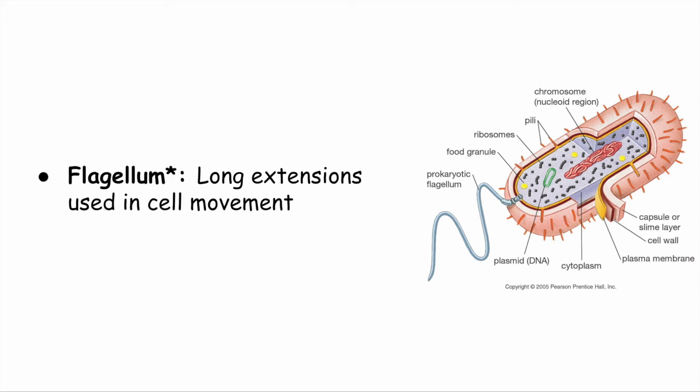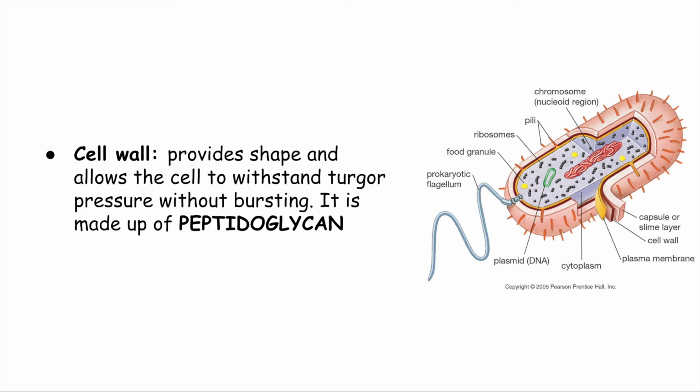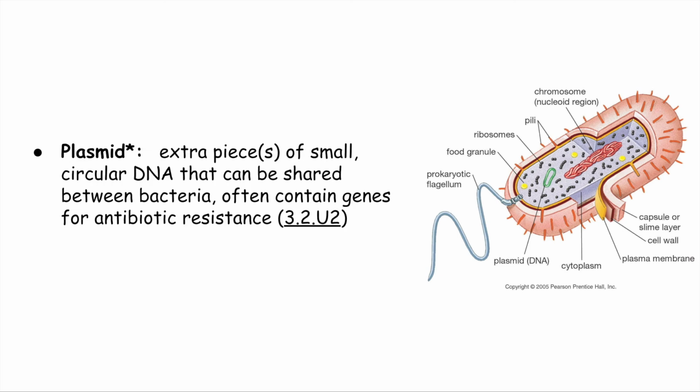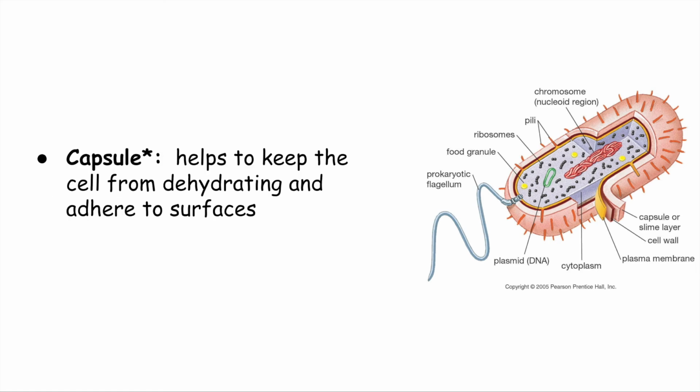The flagellum is a long extension which is used in cell movement, and once again, not all prokaryotic cells have them. So flagellum, capsule, pili, and the plasmids are organelles or extracellular components that are not found in all prokaryotic cells.